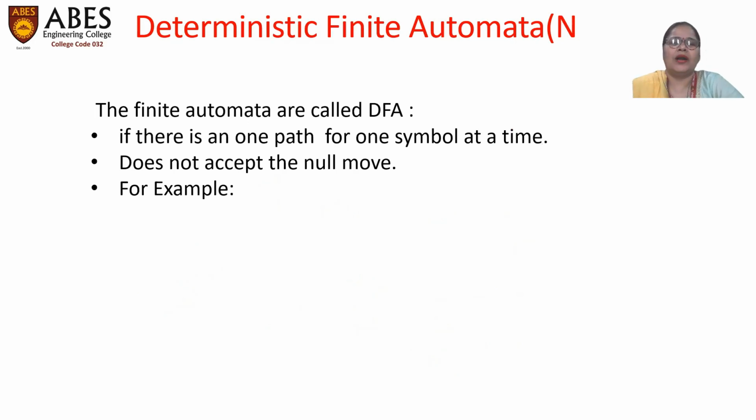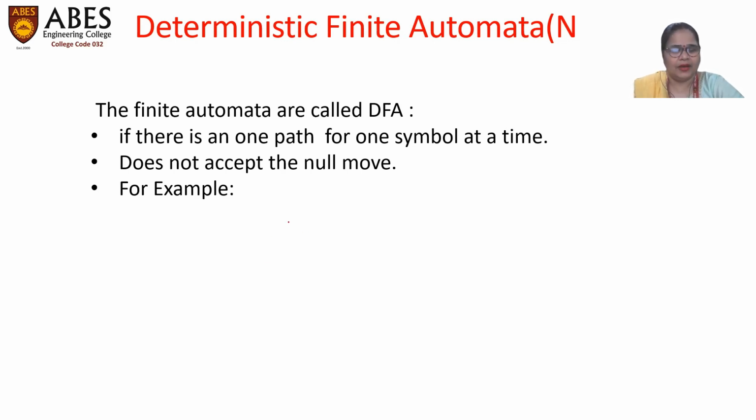So what is a DFA? DFA is called deterministic finite automata. This is another variant of the automata. It shows determinism. The machine never gets confused, as there is only one path for one symbol at a time.